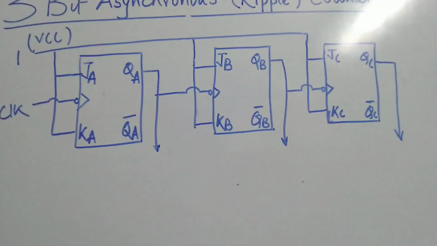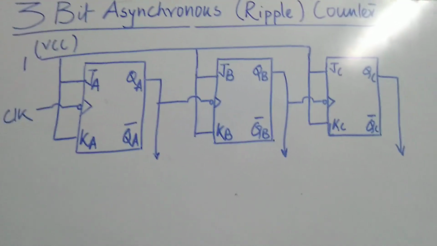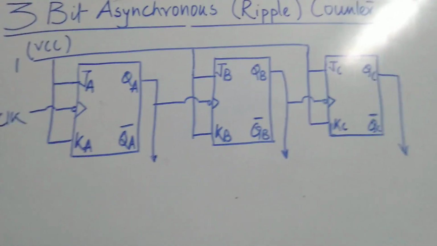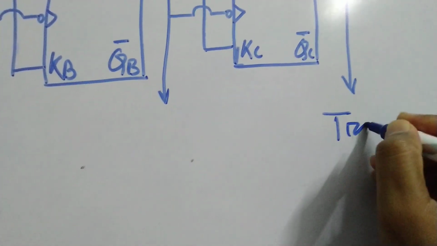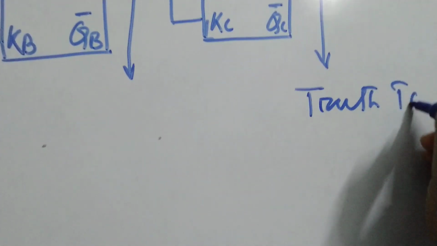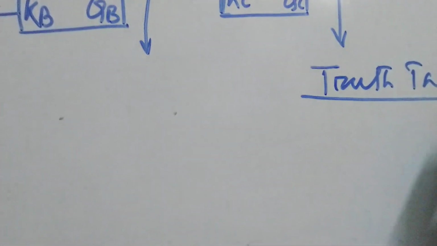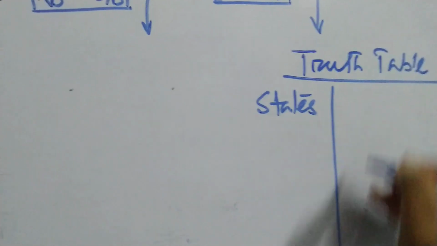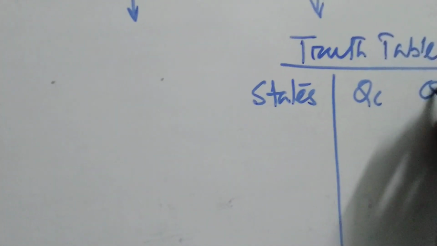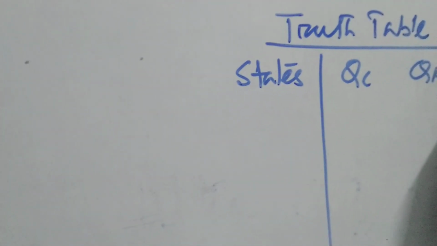And now we draw the truth table as well as the waveform. States QC, QB and QA.